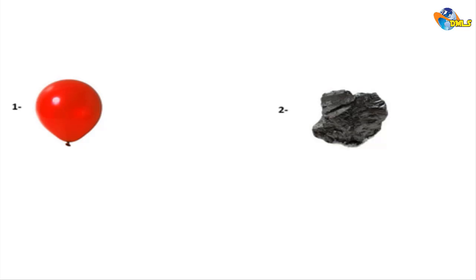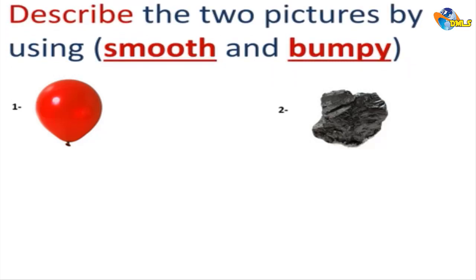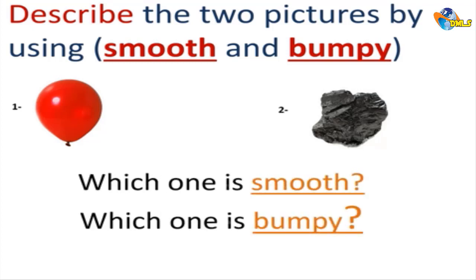I have here in picture number 1 a balloon and in picture number 2 we have a rock. Rock means stone. I want you to describe the two pictures by using smooth and bumpy. Which one is smooth?